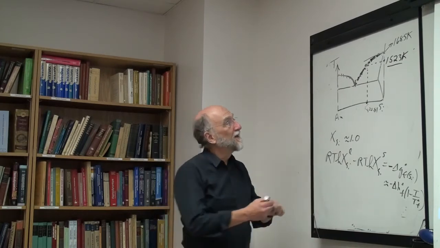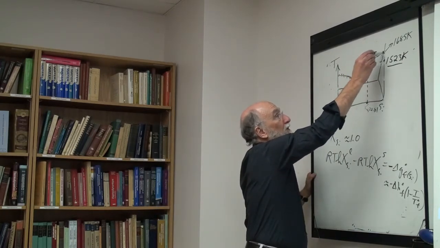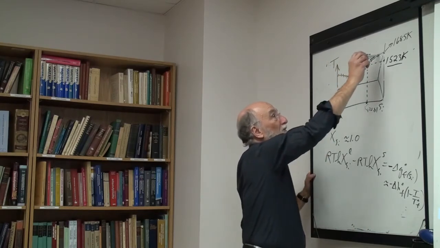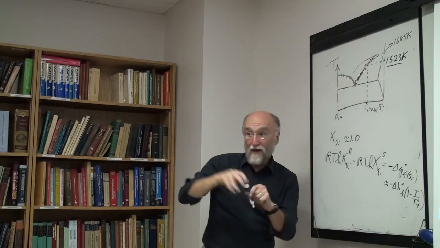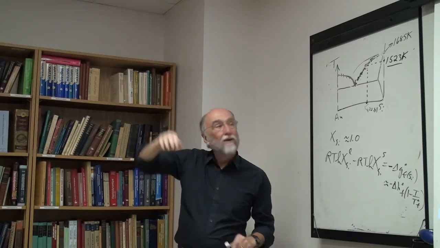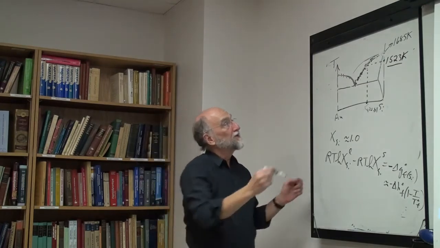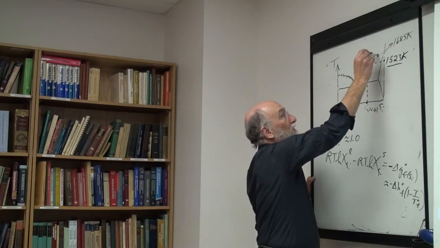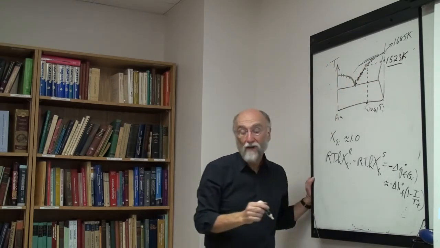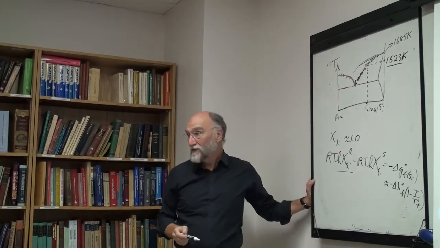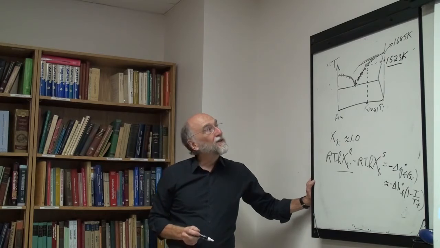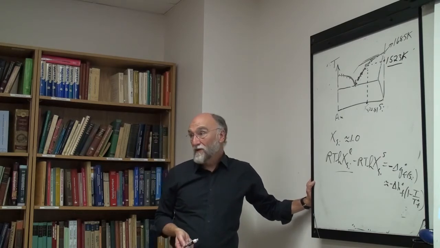This could be your real liquidus, and this could be your ideal liquidus, but the ideal liquidus and the real liquidus come in at the melting point with the same slope. So all that really matters is the limiting slope of the liquidus. You get the limiting slope from your measured liquidus and see if it agrees with this equation. If it does, that shows that you have very small solid solubility.